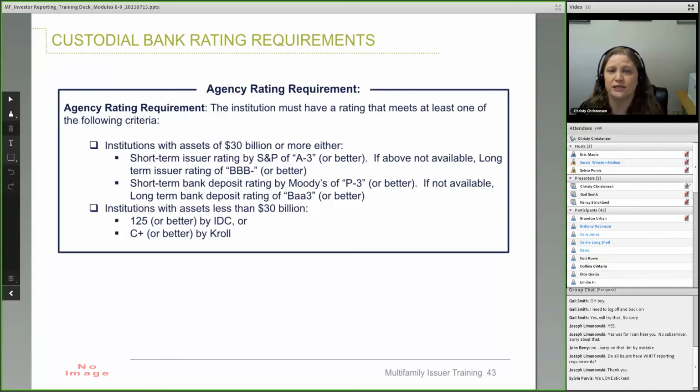Short-term bank deposits ratings by Moody's of P3 or better, or a long-term bank deposit rating by Moody's of Baa3 or better. Institutions with assets less than $30 billion must have an IDC rating of 125 or better, or a C+ or better by Kroll.